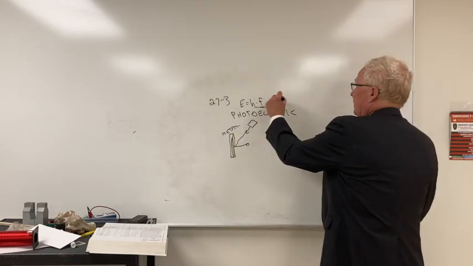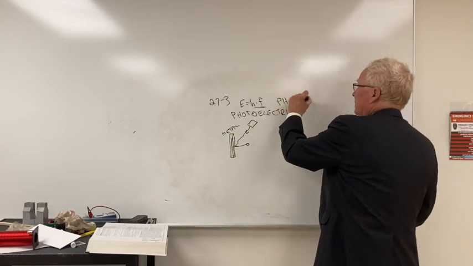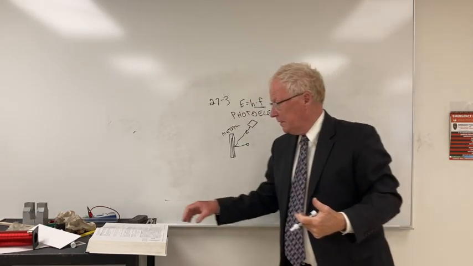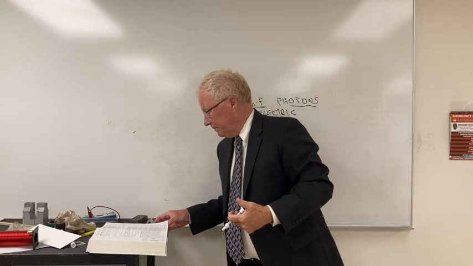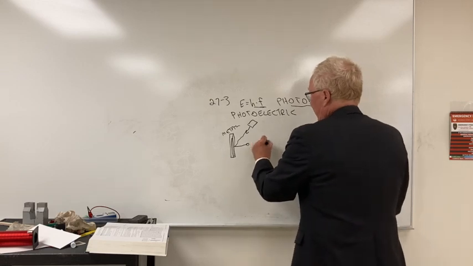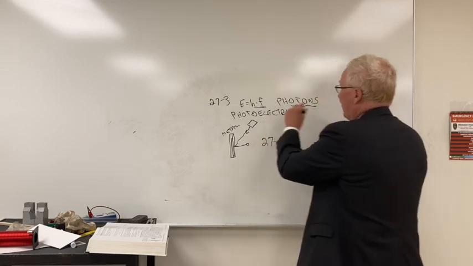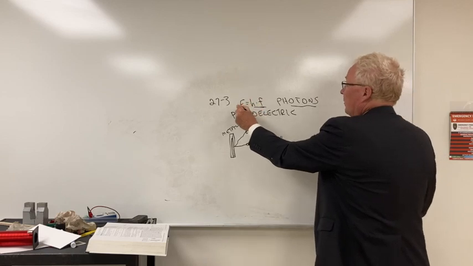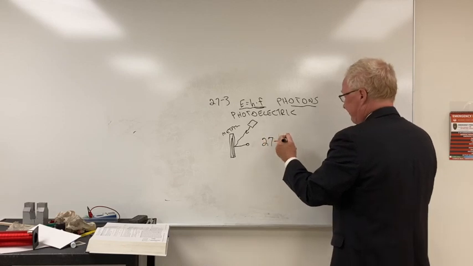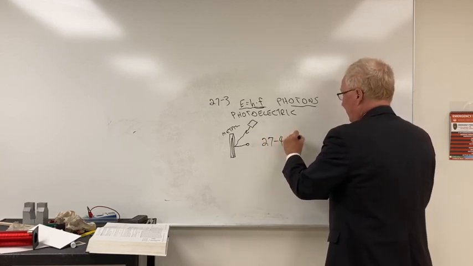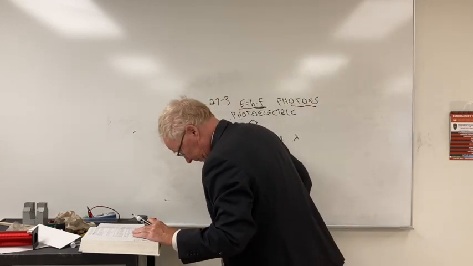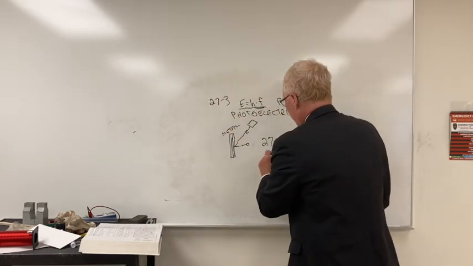So this all deals with the concept of light being made up of photons. These are particles, which also have a wave nature to them. 27.4, while we're on that, on photons. A photon is a particle with this energy, but it also has a wavelength given by this, and so it has a momentum.